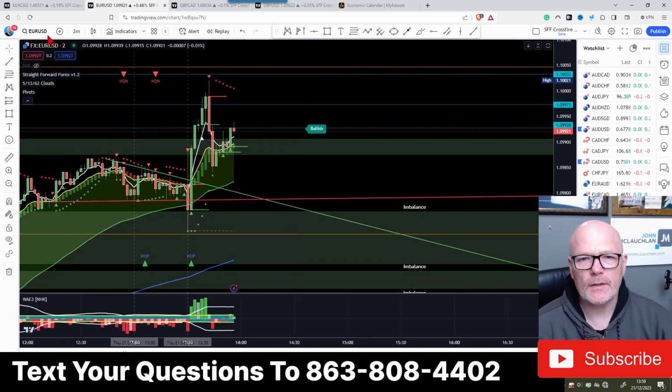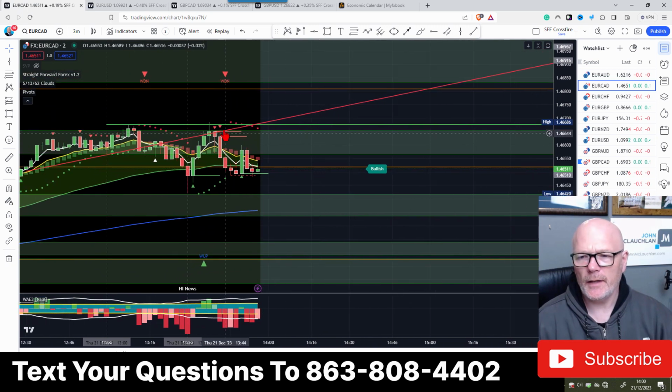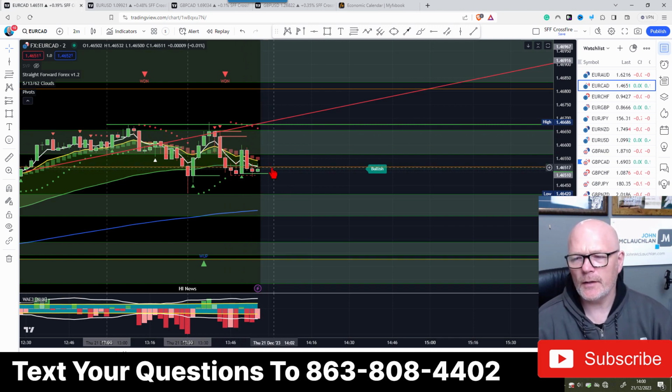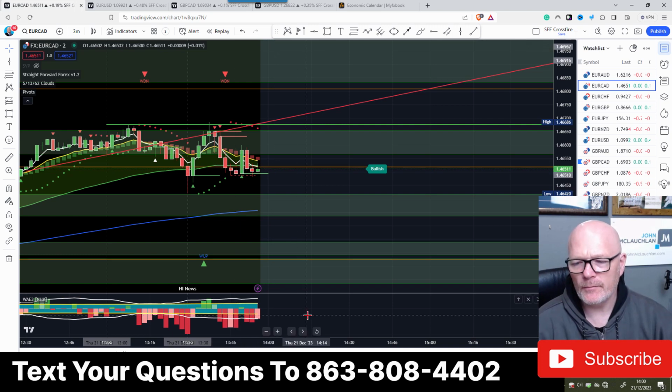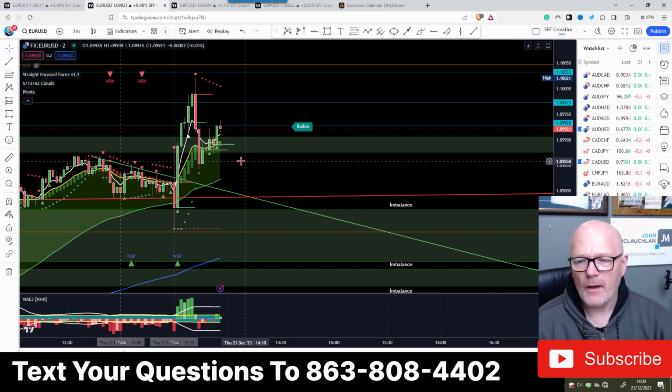So there you go. Let's have a quick look. So the Euro CAD, still in this area of imbalance, or it's just come out of the imbalance. It's now hovering around the resistance area of the pivot. Nothing really much happening. We've still got the sells on the WADR. We're still in a wave down, so it tells us it wants to move down, but it's not really doing much. Nothing really much of any value there.